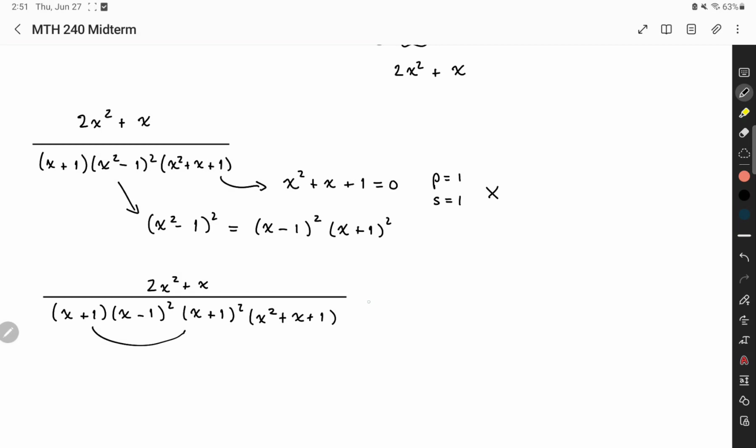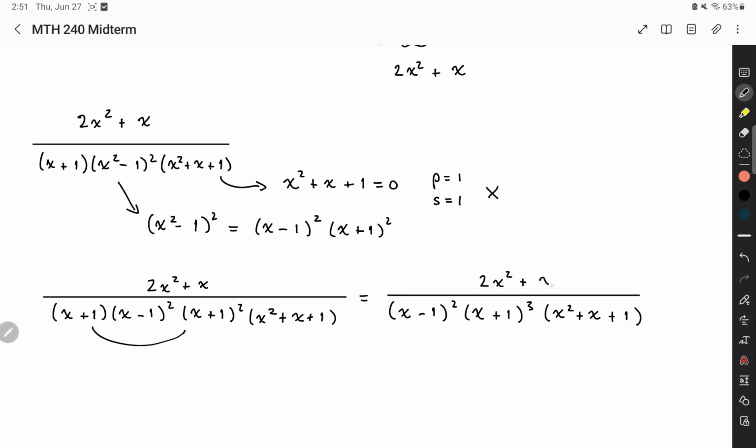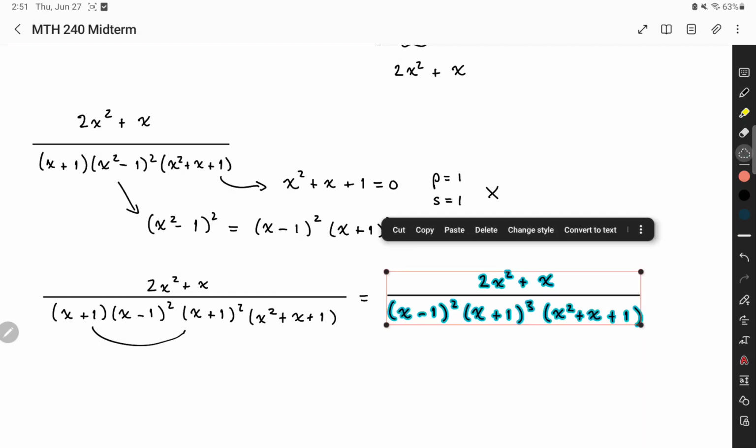So we can group those, and that will give us x minus 1 squared, x plus 1 cubed, x squared plus x plus 1. And now, since we've simplified our denominator as much as we can, we can go ahead and do our partial fraction decomposition.